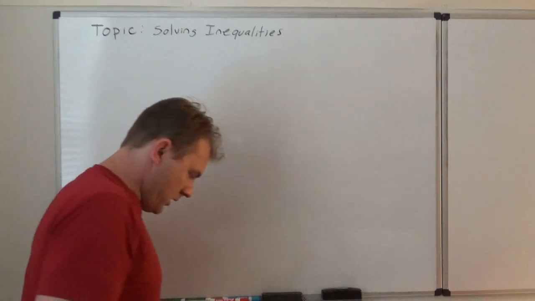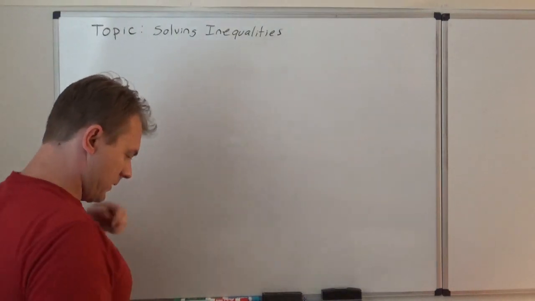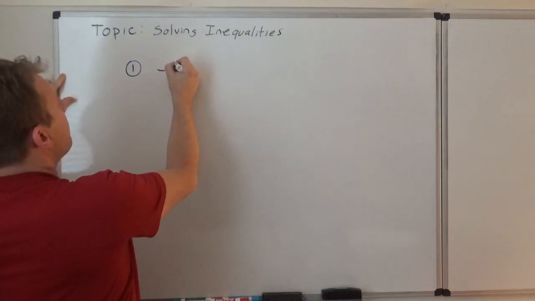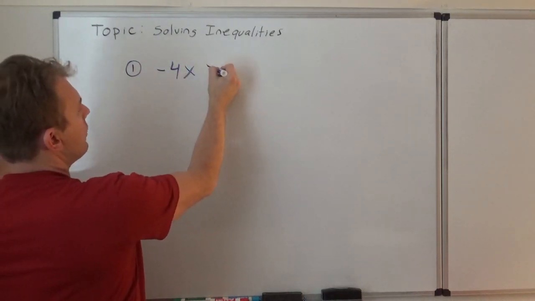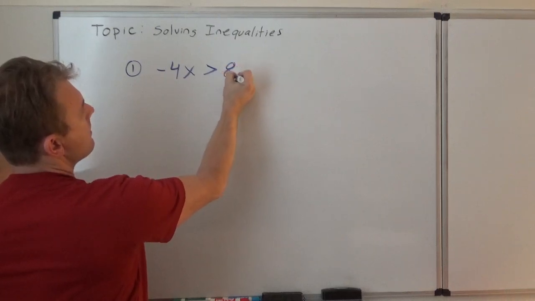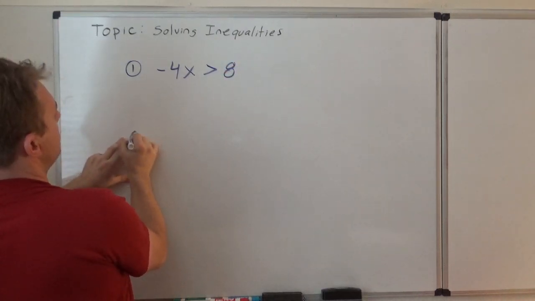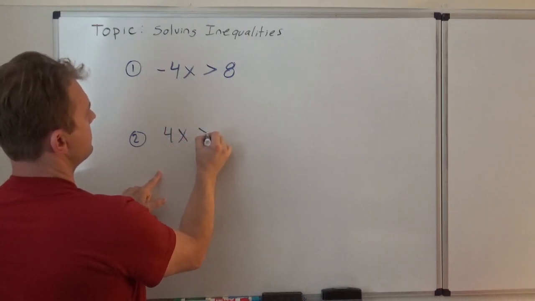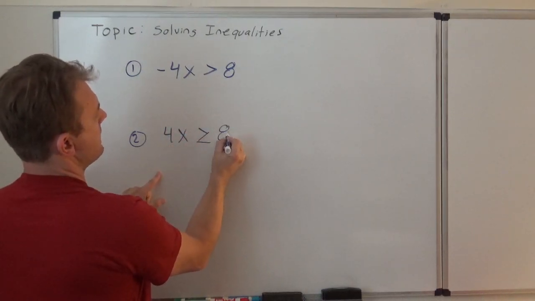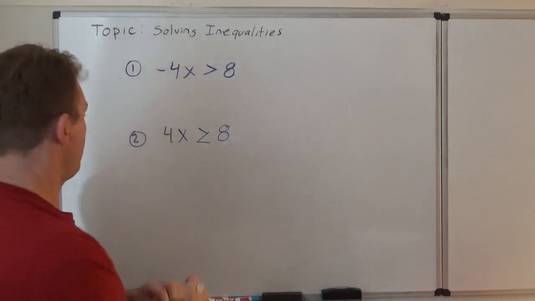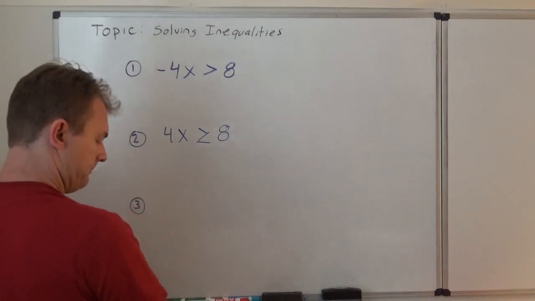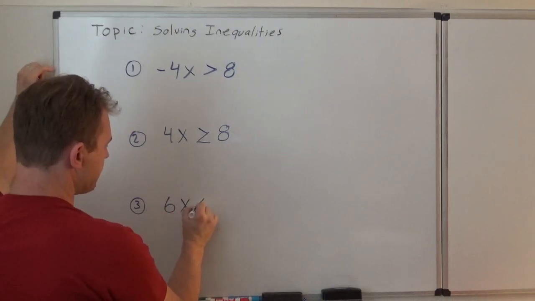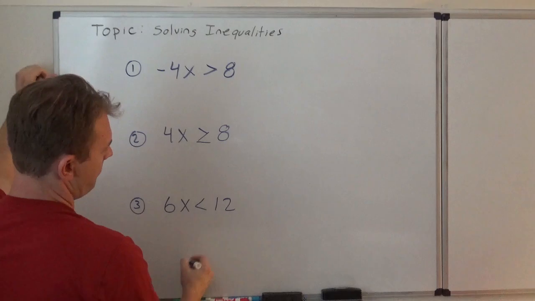Okay, let's do a couple of these. Number 1, negative 4x is greater than 8. Number 2, 4x is greater than or equal to 8. Number 3, 6x is less than 12.